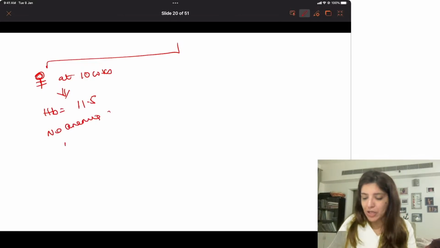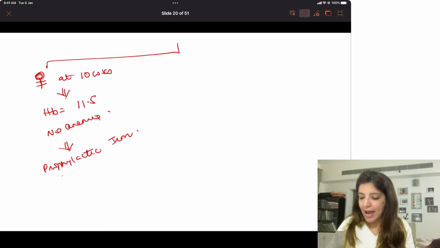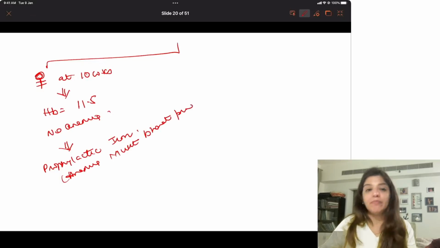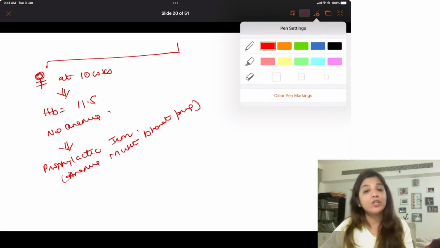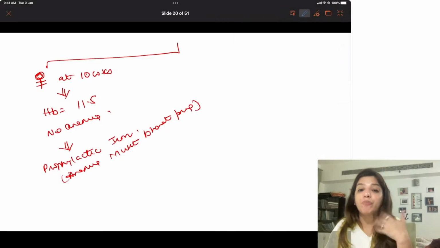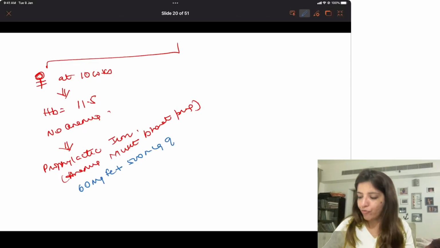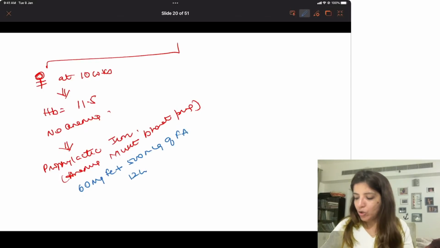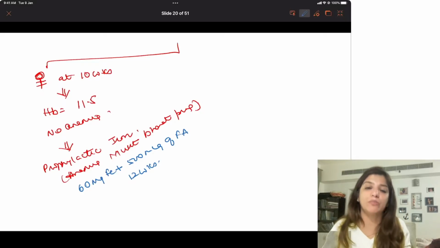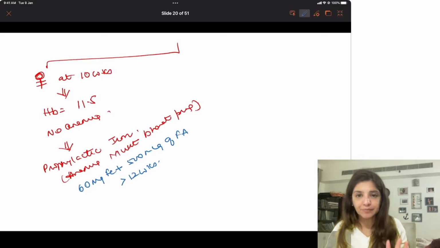Now in this patient, I have to give prophylactic iron, which is as per the Anemia Mukt Bharat program. And according to the Anemia Mukt Bharat program, when are you going to start oral iron? The prophylactic dose, you are going to give 60 milligrams of iron plus 500 micrograms of folic acid starting from 12 weeks, right? That is from the 4th month of pregnancy, right?